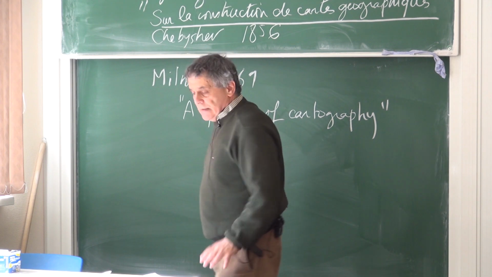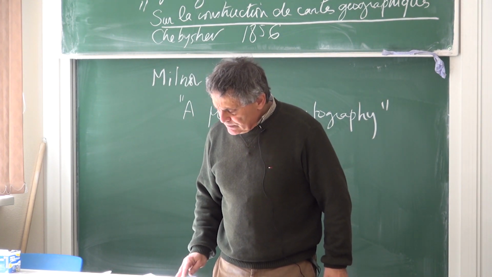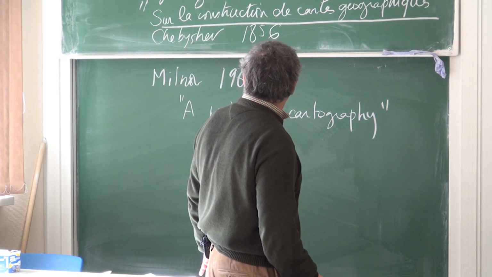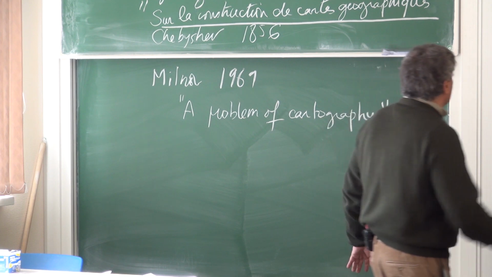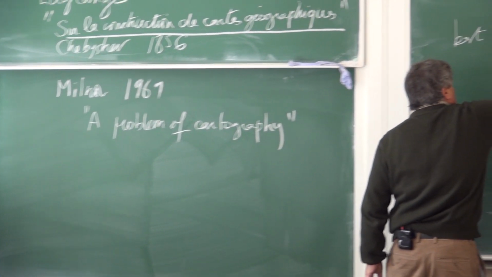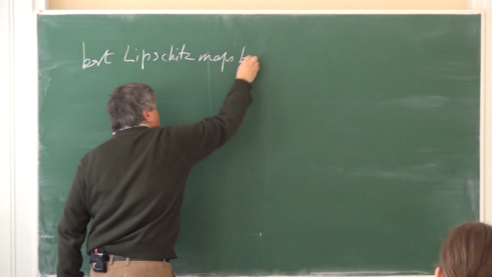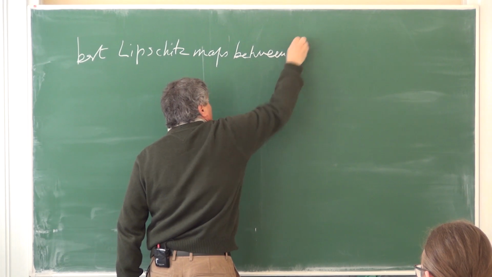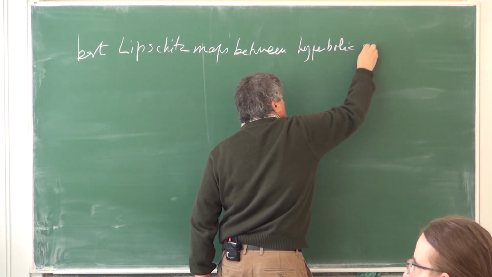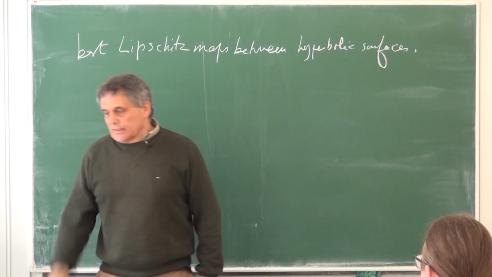So okay, now I will turn to non-Euclidean geometry, to hyperbolic geometry, and I will talk a little bit about best Lipschitz maps between hyperbolic surfaces. And this is the discovery of Thurston.